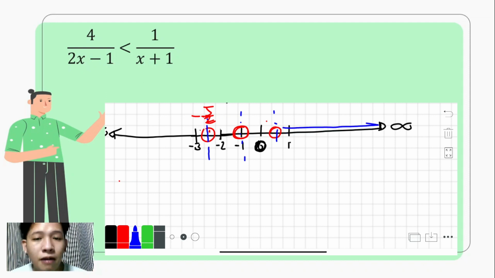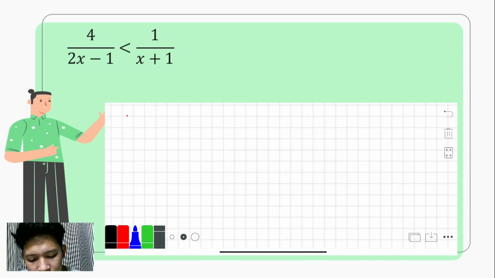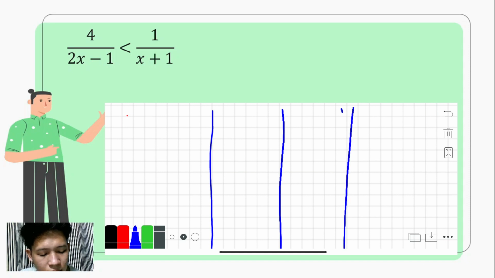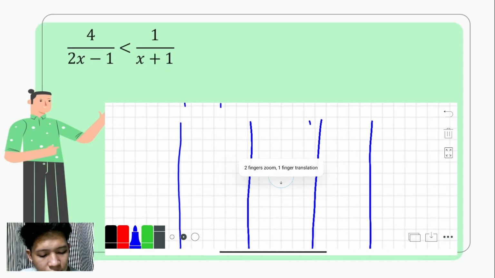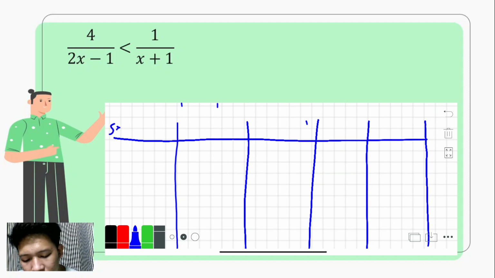So, we have 4 partitions. So, ibig sabihin, in making our table of signs, we have to put 4 columns. Alright? So, we have here 4 columns. Lagyan natin 1, 2, 3, and then we have here 4. Okay? And for our first row would be our set notation.